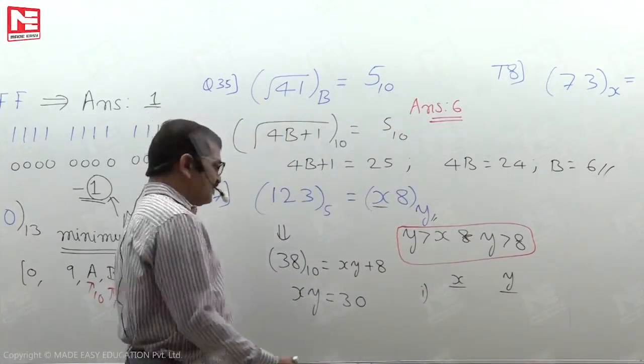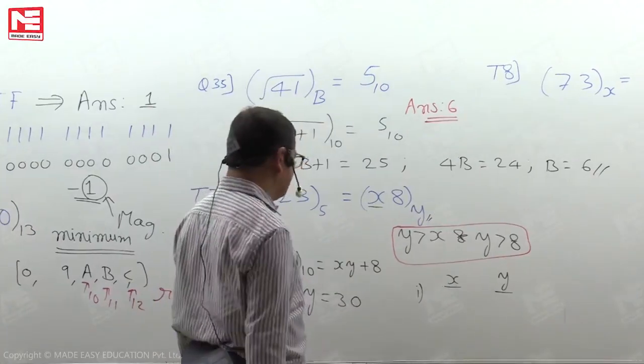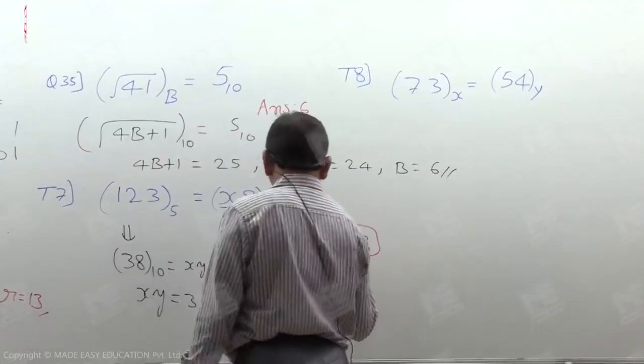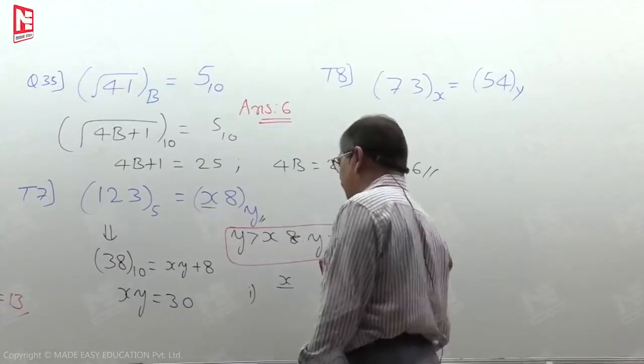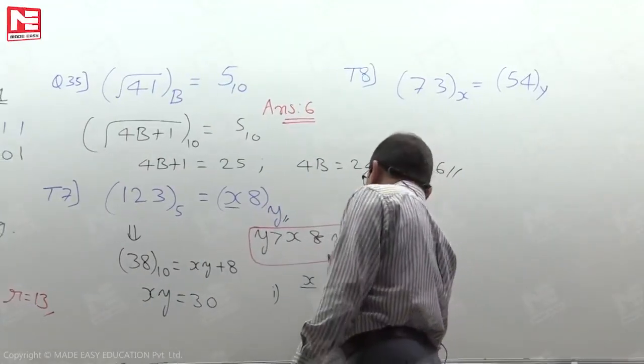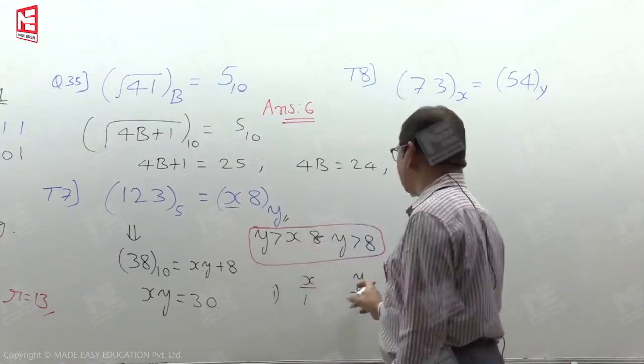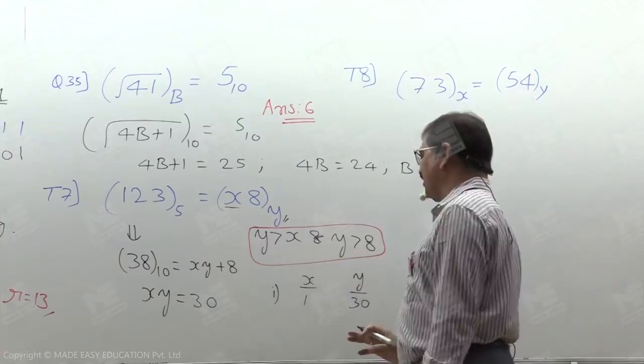So the possibilities we look at: y must be greater than 8. One possibility, y is 30, x is 1. So y is greater than x, y is greater than 8.